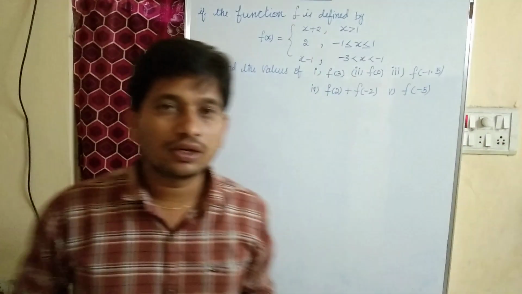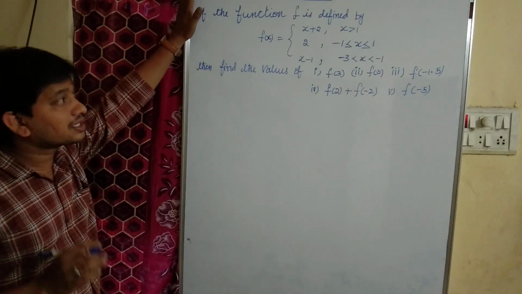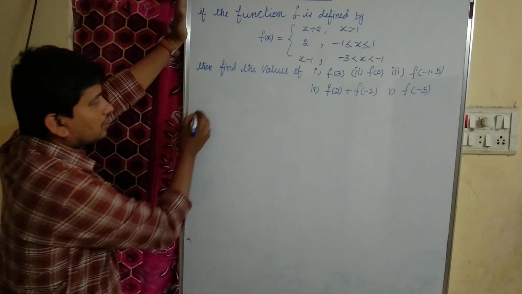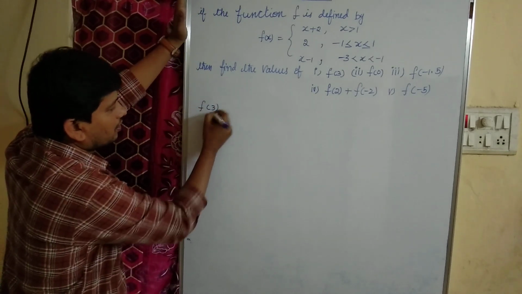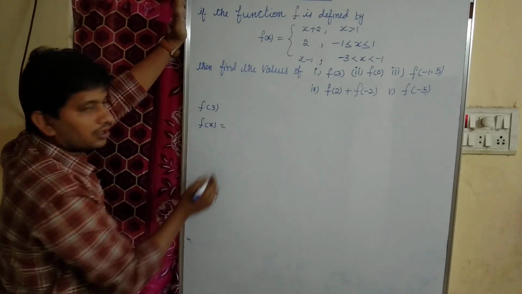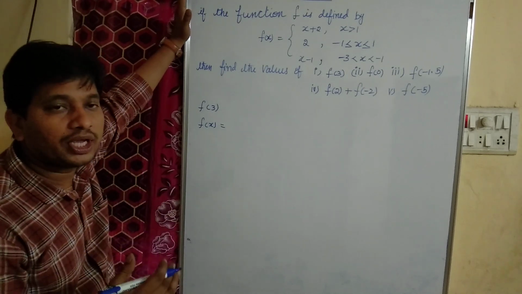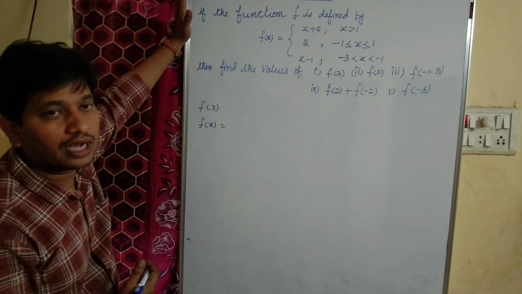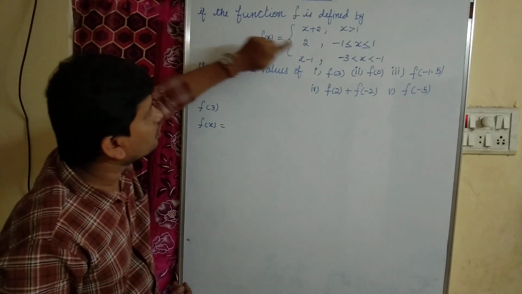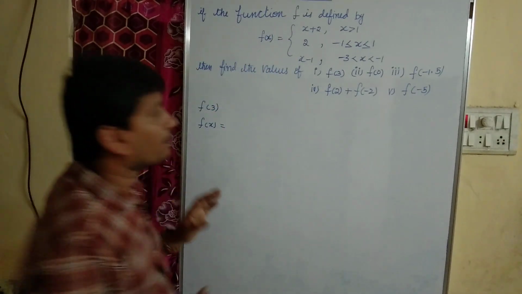According to the condition, we need to go with the given questions. They are asking to find the value of f of 3, which is in the form of f of x. So if you want to find f of 3, you need to decide whether the function should be x plus 2, or 2, or x minus 1. It depends upon the condition.